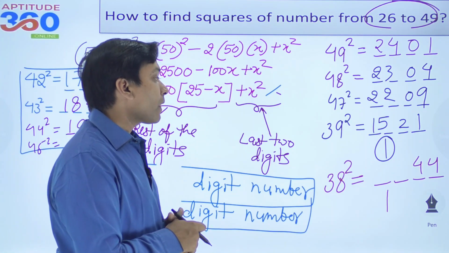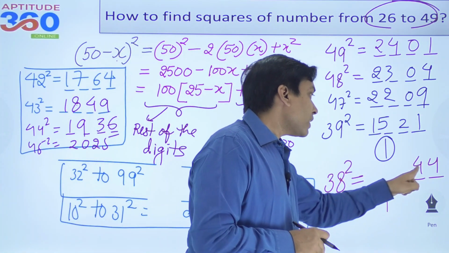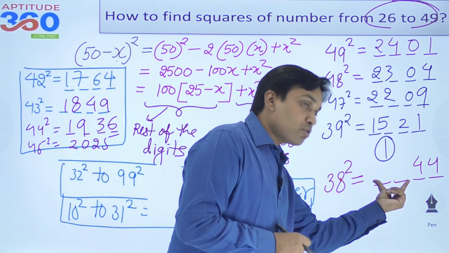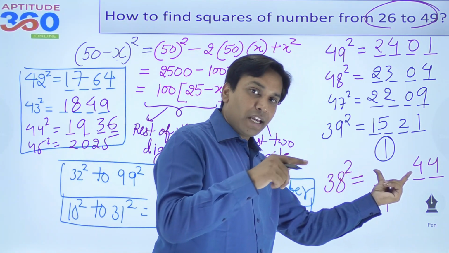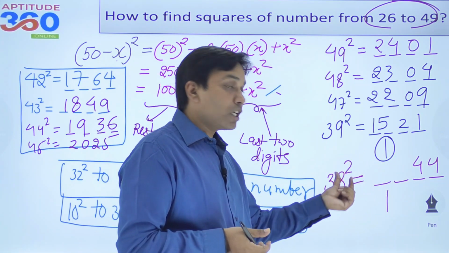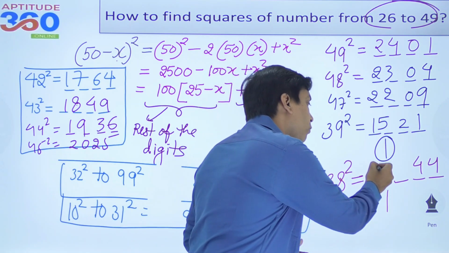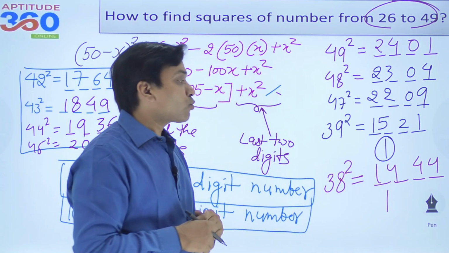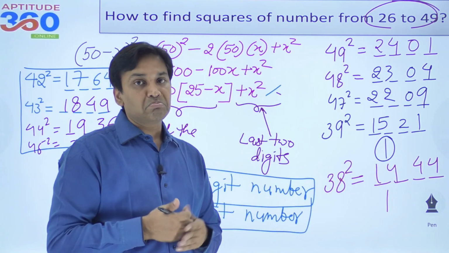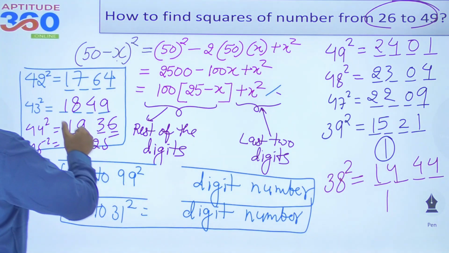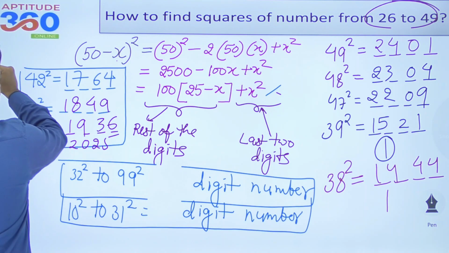Is that okay? And if 1 is written as a carry forward out here, how do I write these two numbers? So 25 minus the difference. What is the difference out here? 12. 25 minus 12 is 13. 13 plus 1 is 14. So what is going to be 38 square? 1444. Pretty simple.